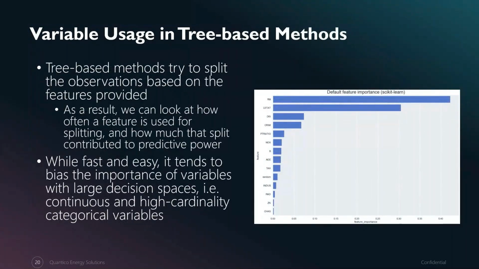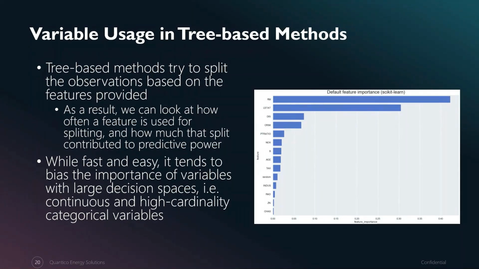Now, if you're using something like a tree-based method, a decision tree or random forest, you might have also heard of XGBoost. These are methods where you try to split the observations or the data based on the features provided. So when you split on these features, for example, back to the example we had of car values, the model might at first say, let's try to split on miles per gallon, and anything greater than a certain value of miles per gallon is in one bucket, and anything less than that is in another bucket.